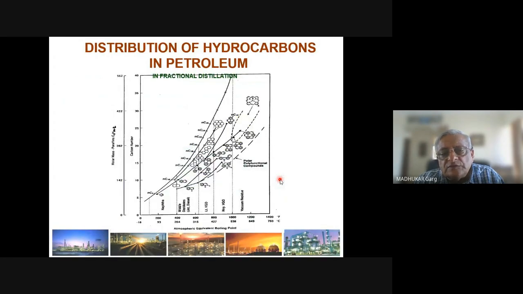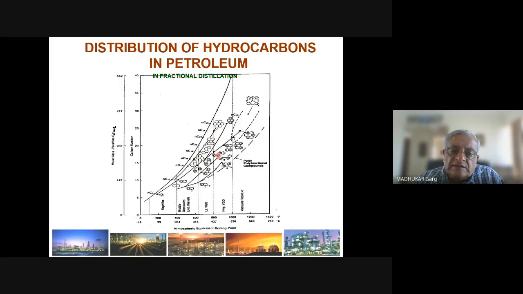And this graph, if you recall, was in terms of carbon number versus boiling point. This line represents the normal paraffin. This line represents naphthenes.